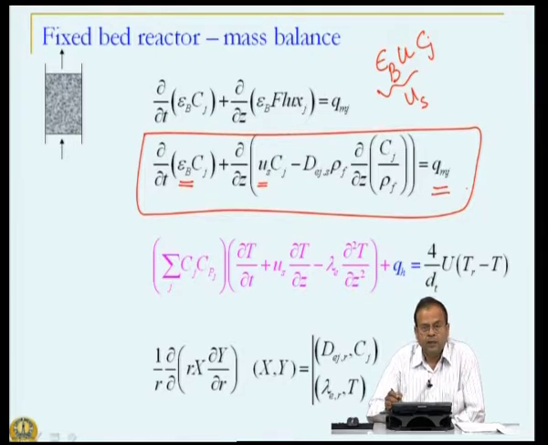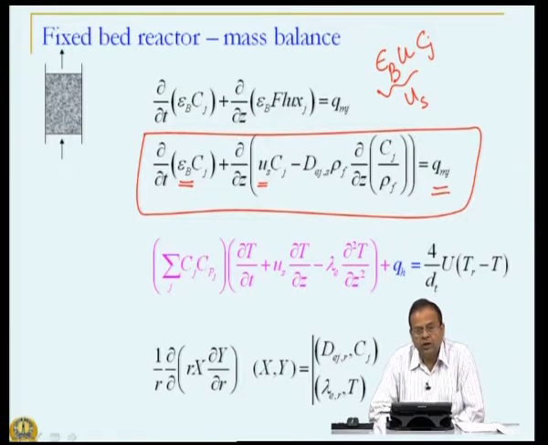But remember, we now have transport phenomena, that is internal as well as external diffusion phenomena, associated with the catalyst pellet, that is responsible for telling me what the rate of reaction is.